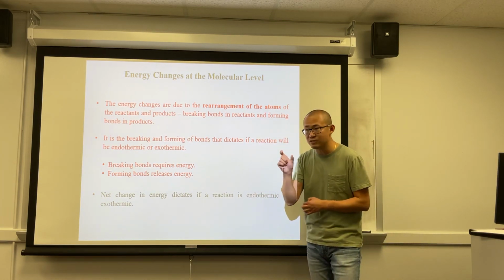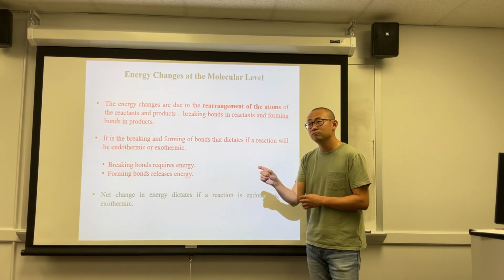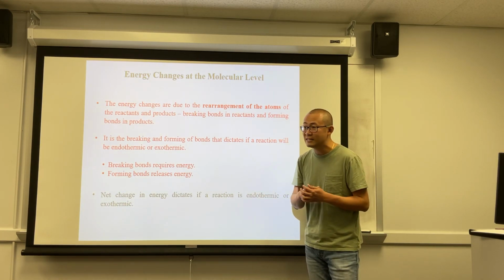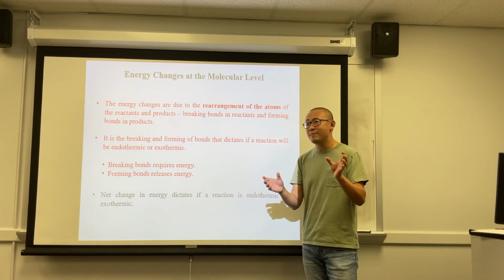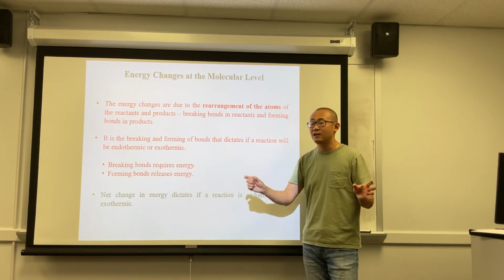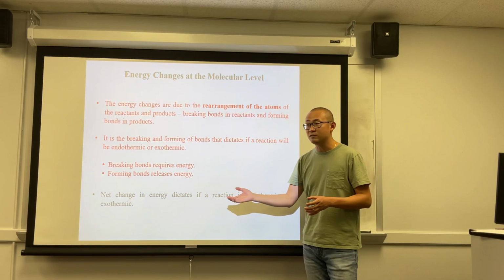A reaction, we know, in a reaction, the atoms have to be balanced. Is that right? No matter how many atoms you have before, you need to have the same amount of atoms after.